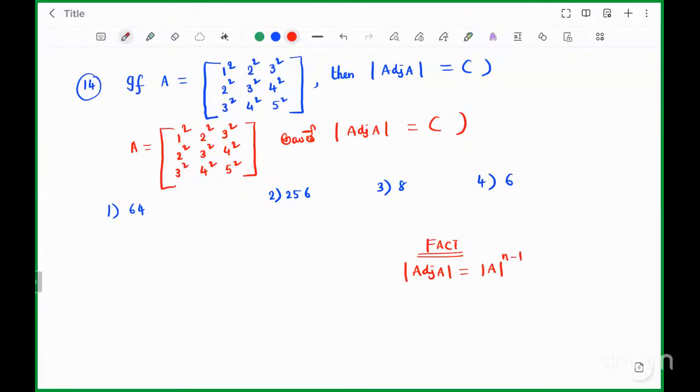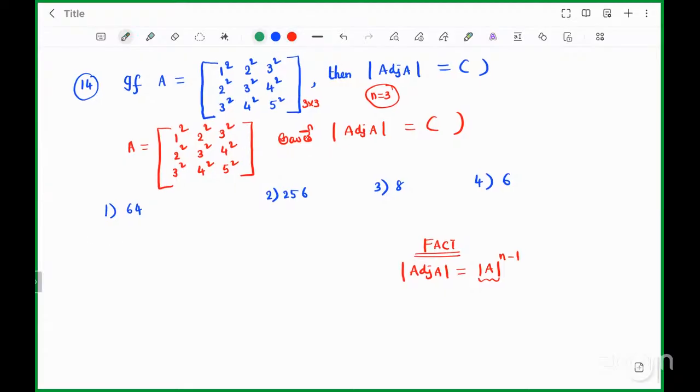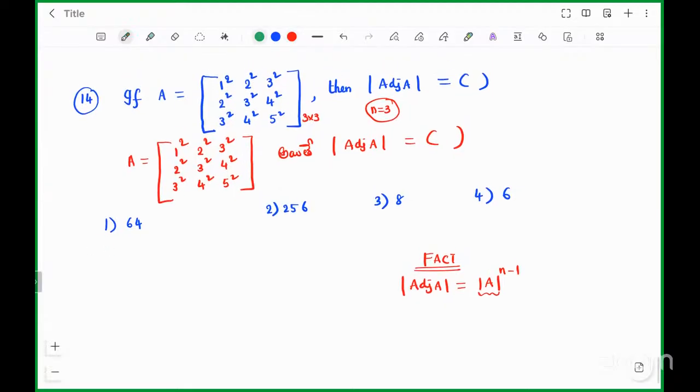That means in order to find det of adj A, we need the determinant of A as well as the order of the matrix. The order of the matrix is obviously 3 by 3, so n is equal to 3. But we need to calculate this det A. Since the matrix is given, to find det of adj A we must first find det A. We know its order is 3, so we know n. Substituting n gives us the answer. To find this determinant we also have a super shortcut, and I will explain it to you. We already had a discussion on it.